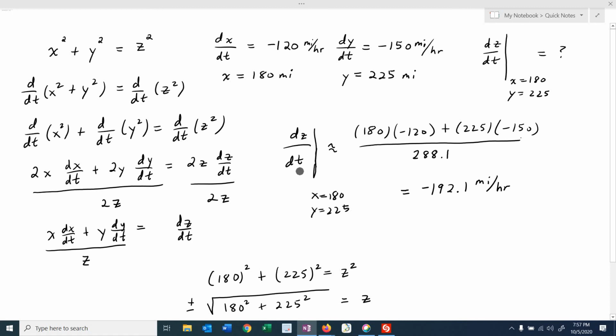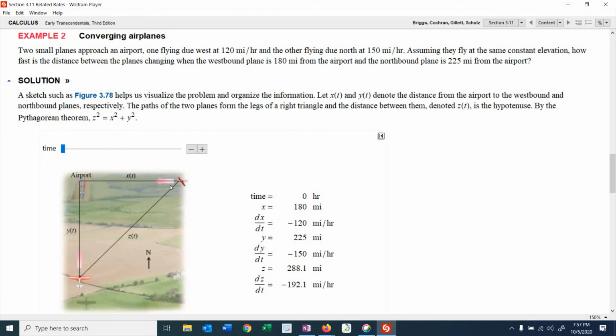Okay, so this is the rate of change in the distance between the two planes right when this airplane is 180 miles from the airport and this plane is 225 miles from the airport.